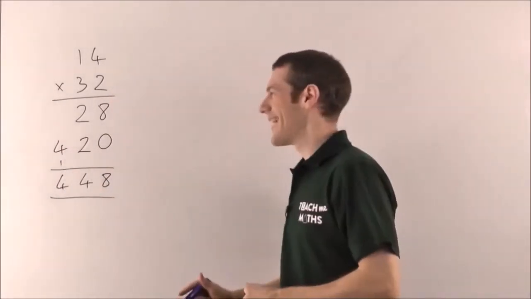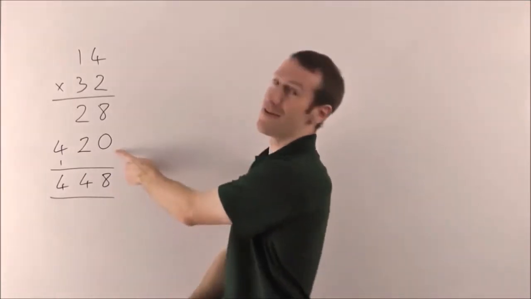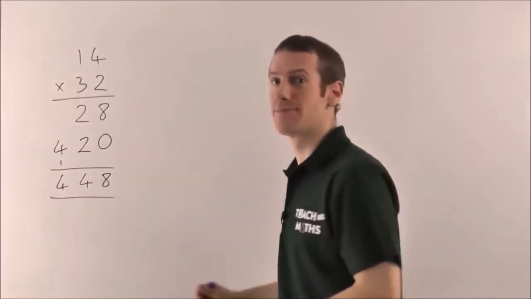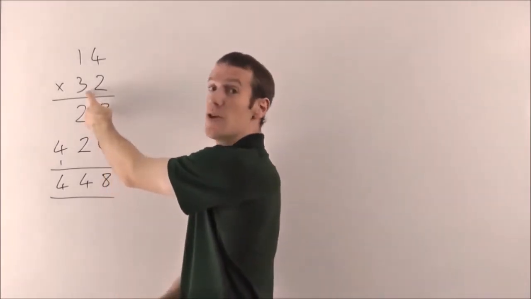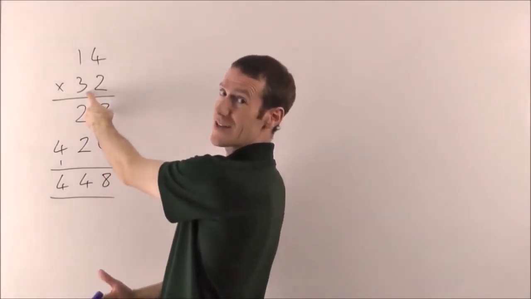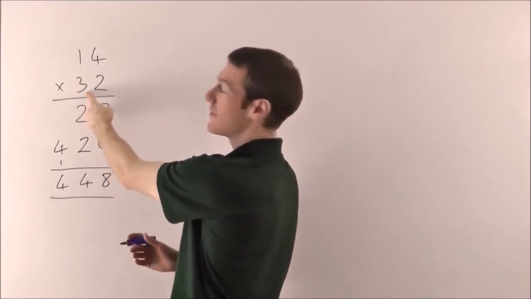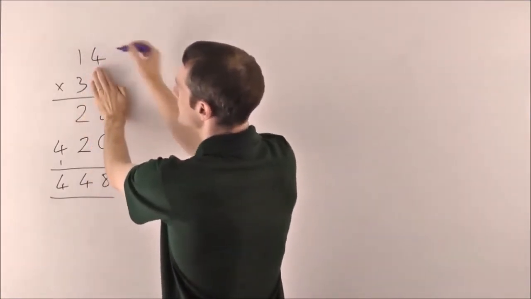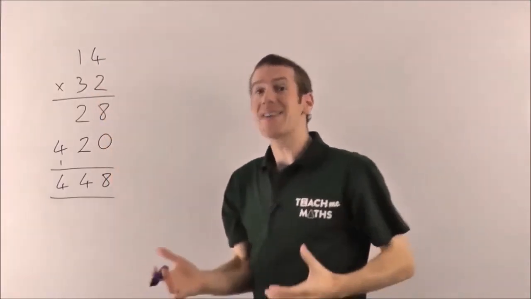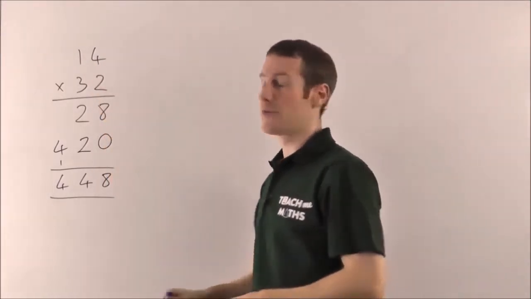Great! Now you're probably wondering about this 0 though, aren't you? What is going on there? Well, the thing is, that is not a 3. I know it looks like a 3, but really it's a 30. Yeah, this is 32. So when we were doing 3 times 14, what we are actually doing is 30 times 14.